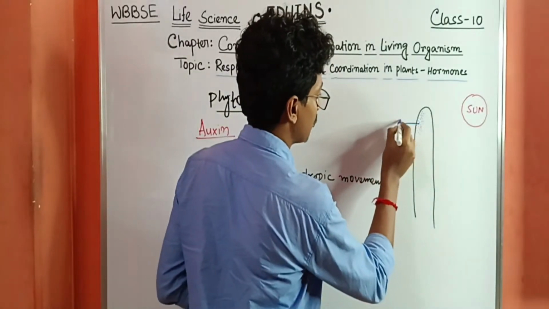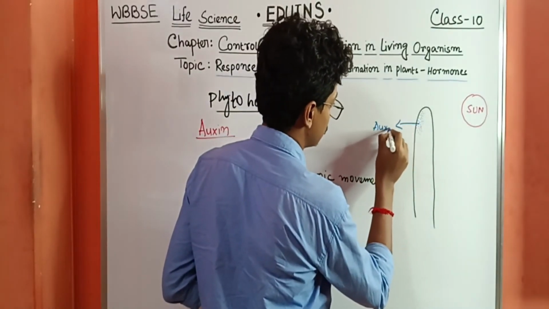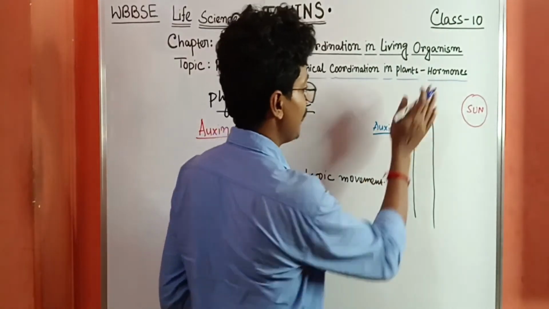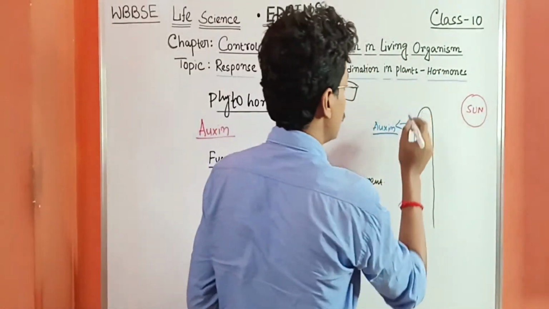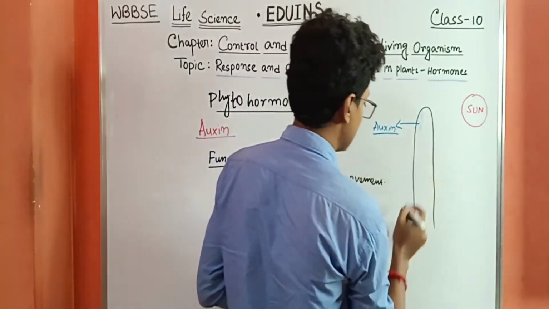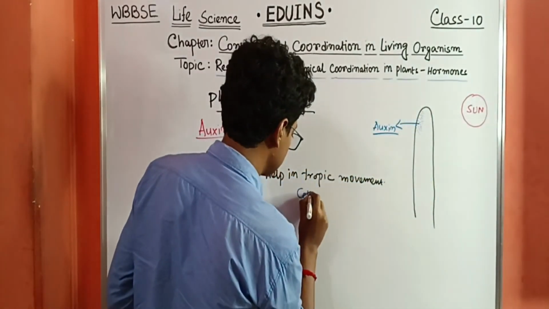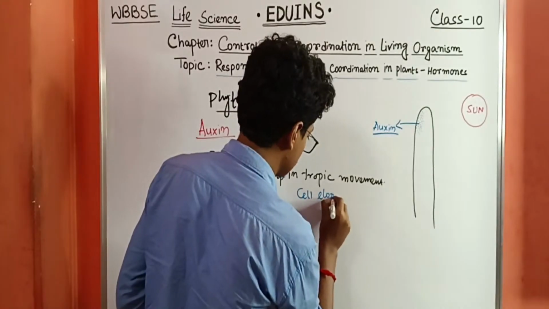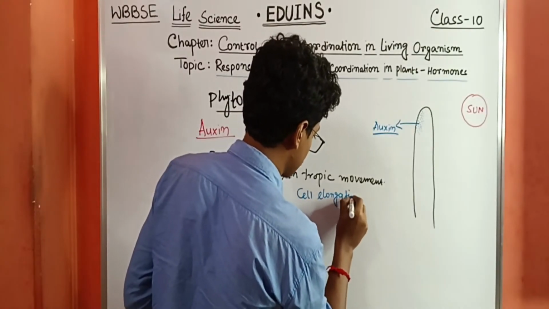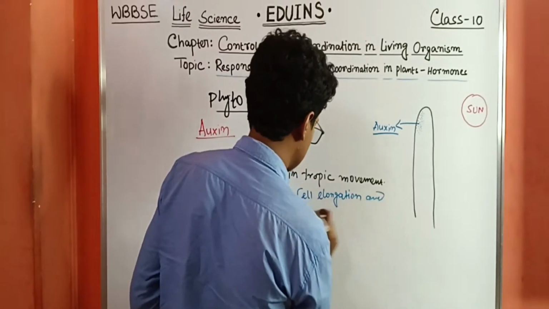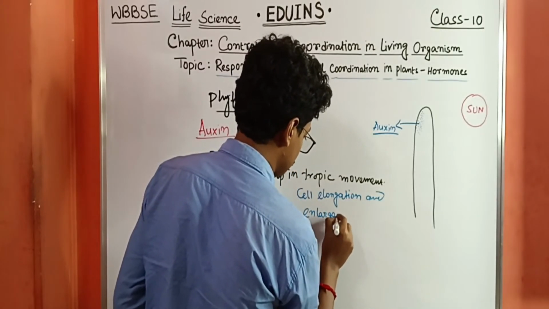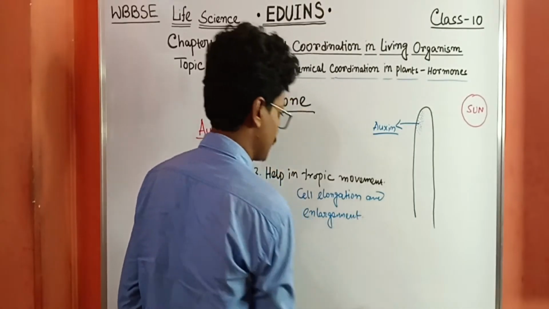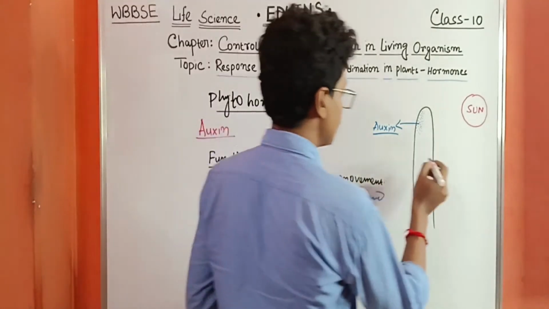These are the auxin. They will accumulate on the opposite side of the light, so they will help in cell elongation and enlargement. After that what happens?